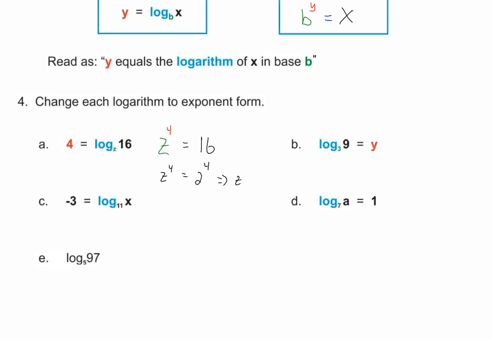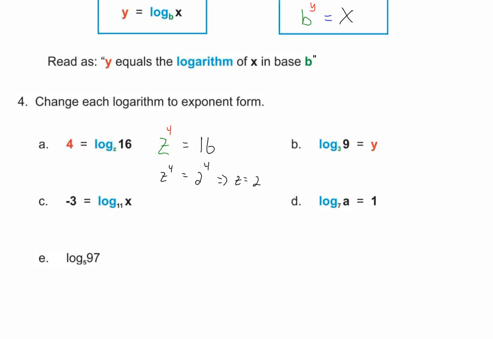Z to the fourth equals 2 to the fourth, so z must be 2. But we switch between logarithmic form and exponent form, and now we actually understand what's going on.